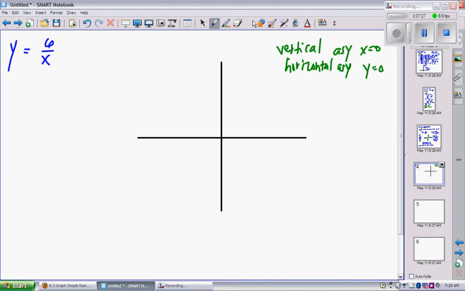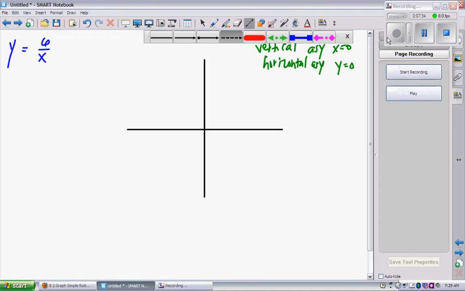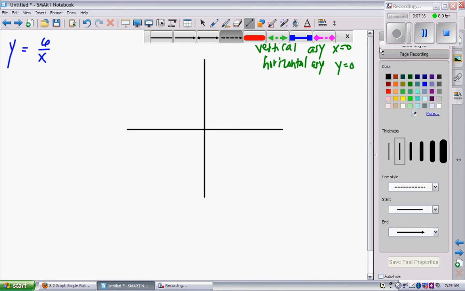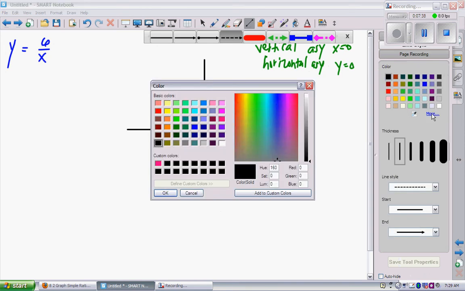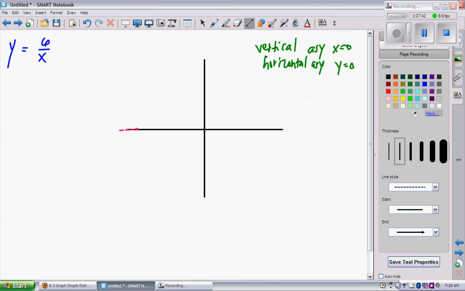The way I show my horizontal and vertical asymptotes is by dashed lines. It's a common way to do it. We have one asymptote here and another asymptote here, and this shows you where your lines are not going to touch. It's how they do it in other math levels as well.